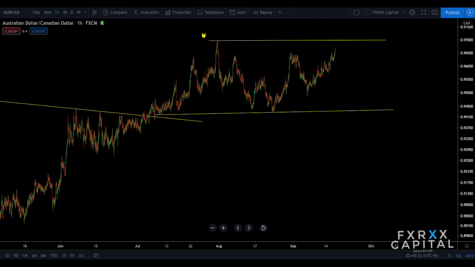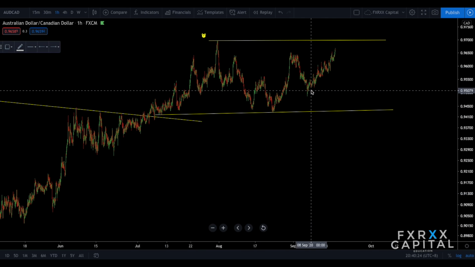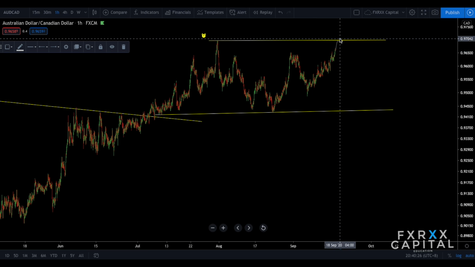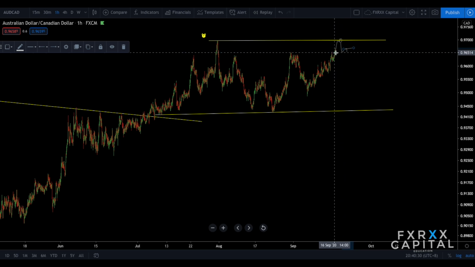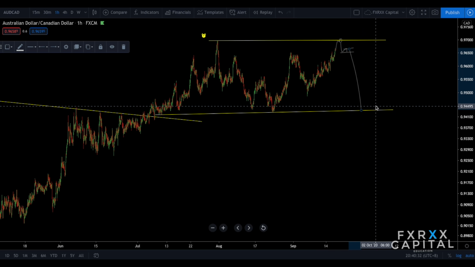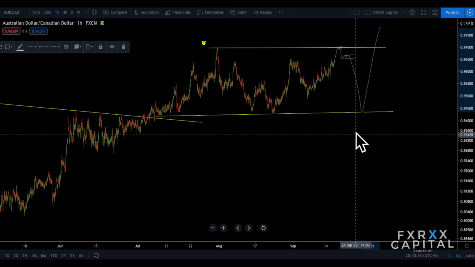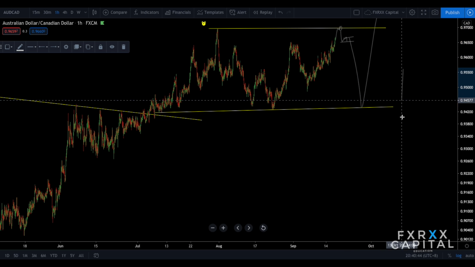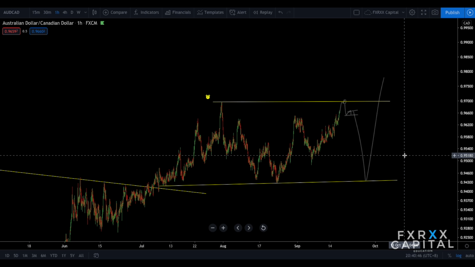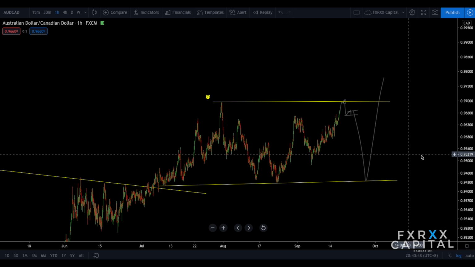However, we want price to create the correction again, wait for the structure, any flag, and sell to the downside. Short term sell, however, we're looking for long term buy. If price develops in 1 or 2 weeks and enters this position, we will enter for long term sell, similar to AUD CHF previously.